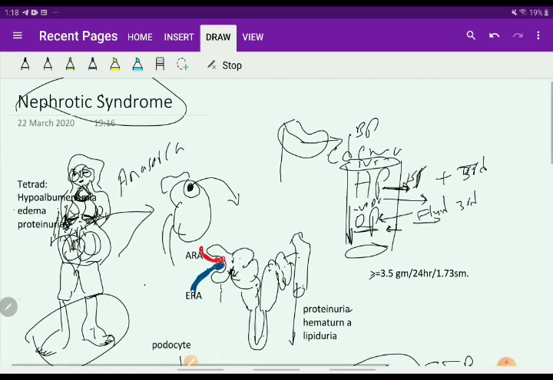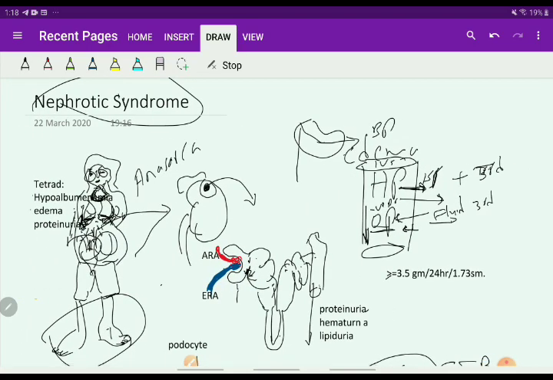Another important thing is that this protein is going to be lost. This lost protein sometimes stimulates the liver. The liver is going to be stimulated because this is partially a component of lipoprotein.